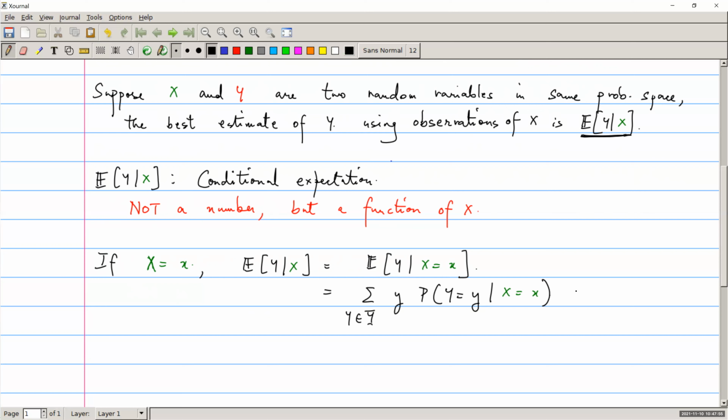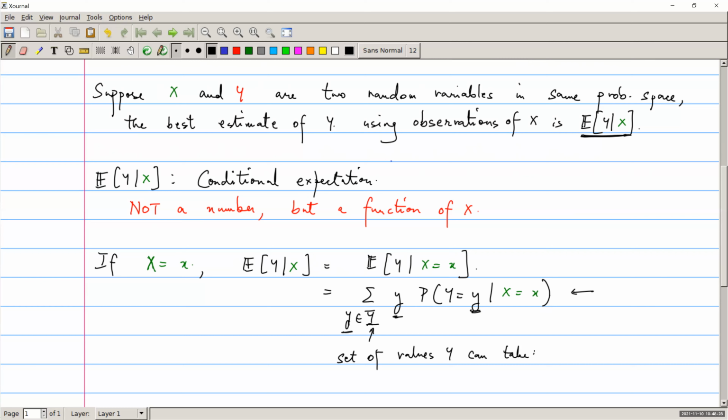When we write a summation like this, this little y is a dummy variable. We just sum over all possible values it can take in this set, the set of values Y can take. If Y is binomial with parameters k and p, the set of values Y can take is 0 to k.